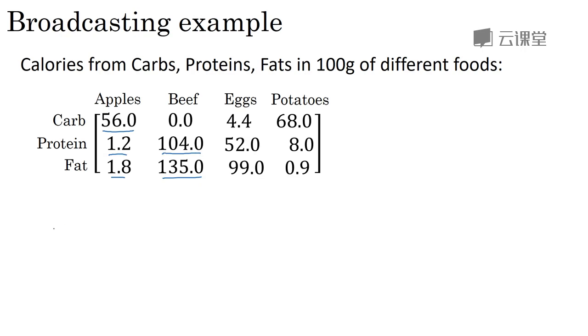Now, let's say your goal is to calculate the percentage of calories from carbs, proteins, and fats for each of the 4 foods. So for example, if you look at this column and add up the numbers in that column, you get that 100 grams of apple has, I guess, 56 plus 1.2 plus 1.8. So that's 59 calories.